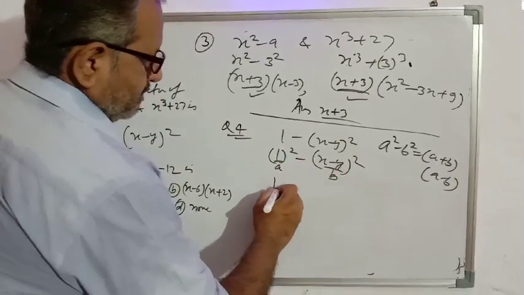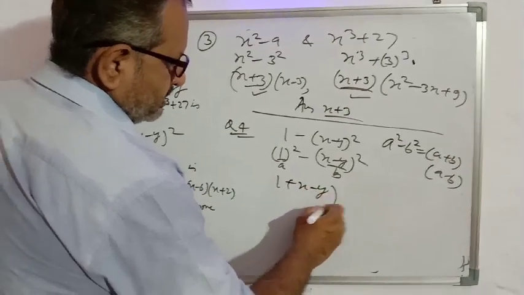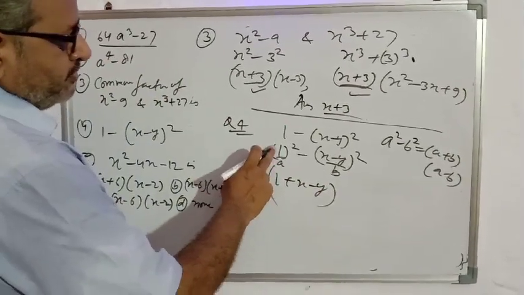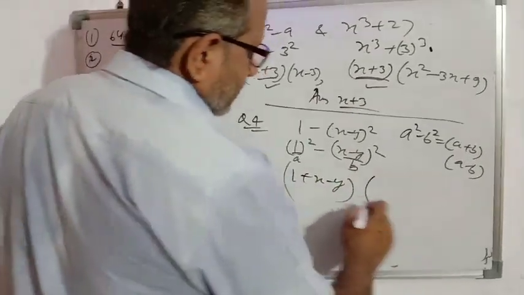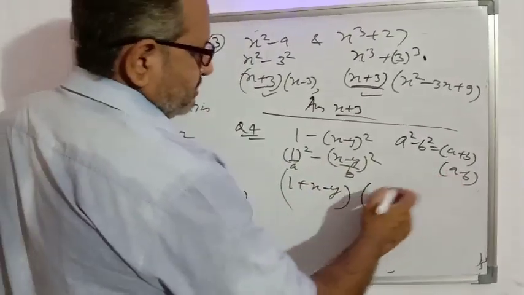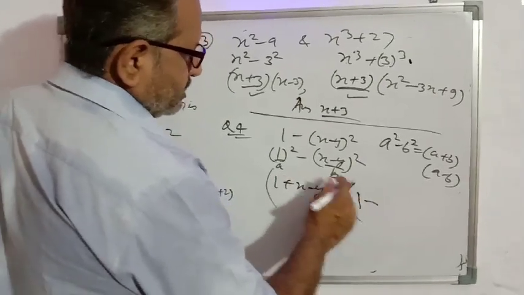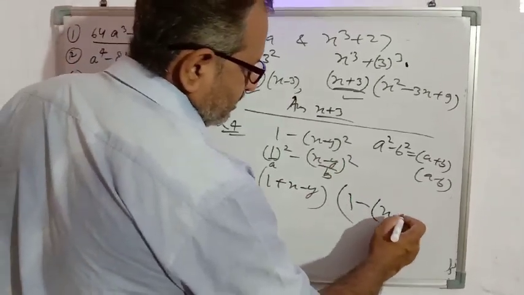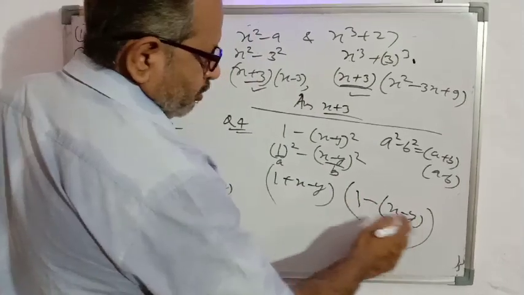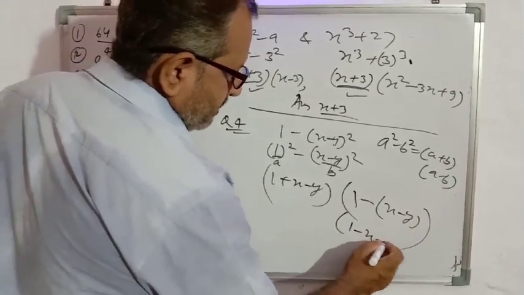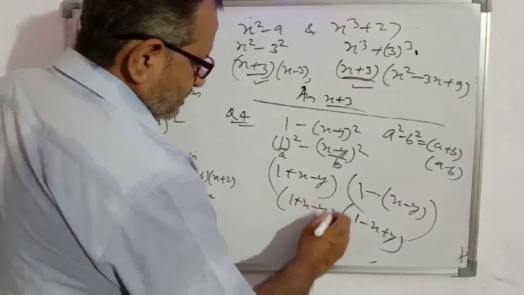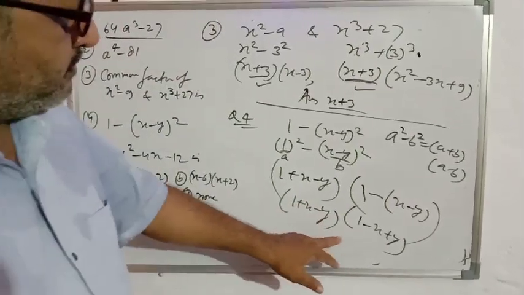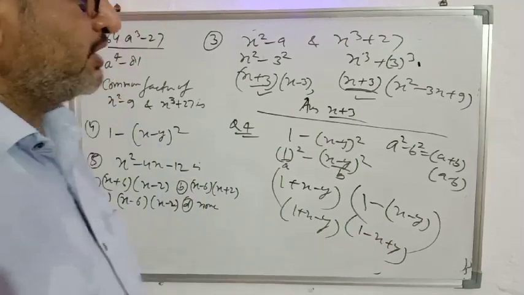So a plus b means 1 plus (x minus y). A is 1, b is x minus y. In the next bracket, a minus b, a is 1 minus, what is b? x minus y, right, in bracket. When we open it, it will be 1 minus x plus y. So the final answer is (1 plus x minus y)(1 minus x plus y).